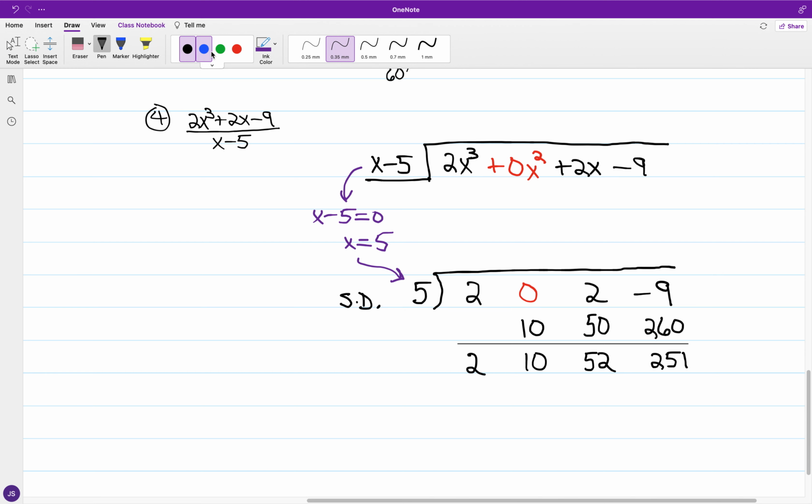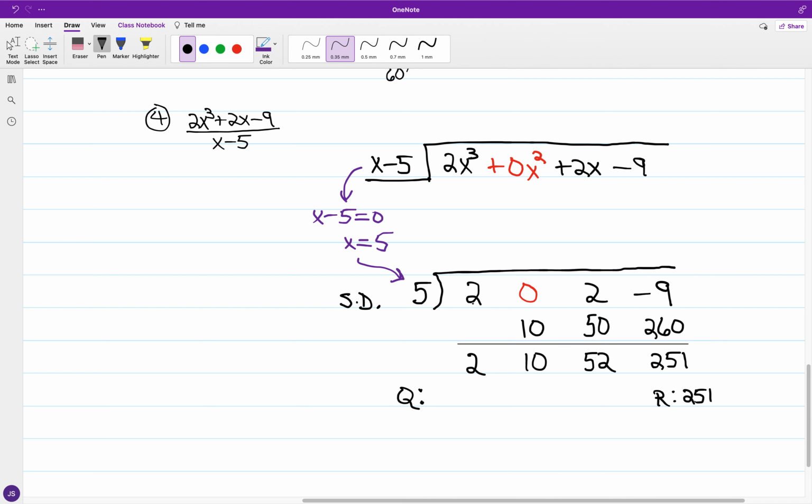So in the case of the last column total, the remainder will be 251. As for the quotient, the terms will have the coefficients of 2, 10, and 52.